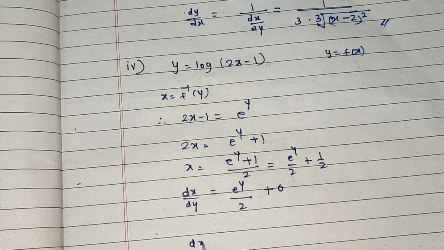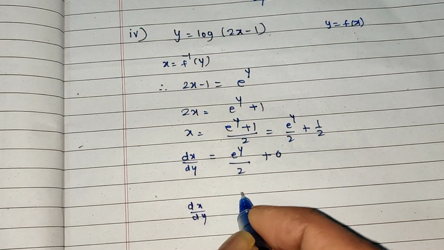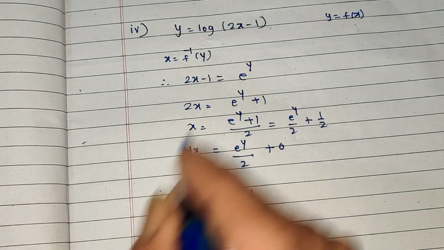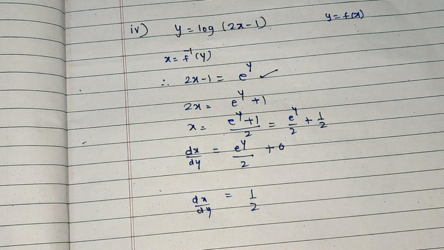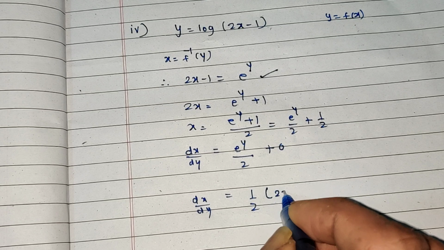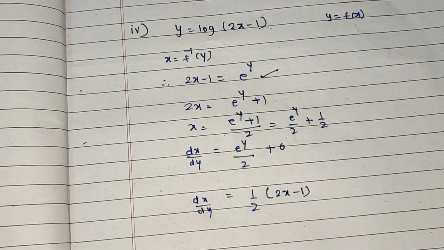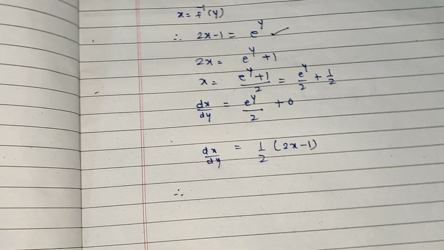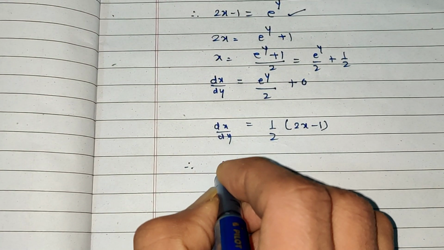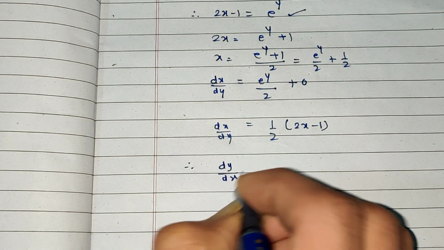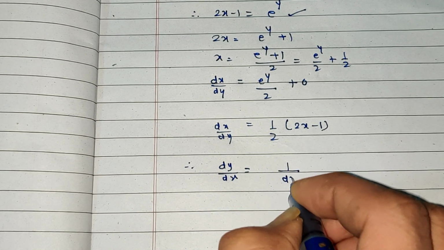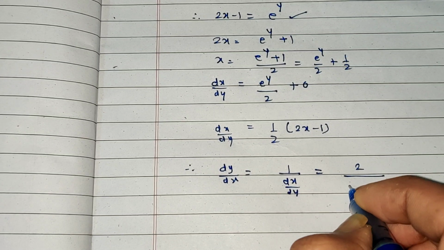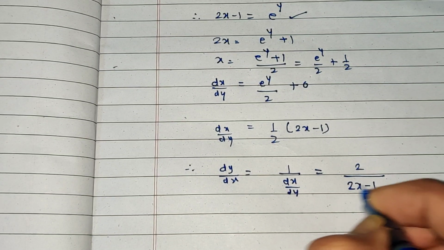Therefore dx by dy is equal to 1 by 2 e raised to power y. e raised to power y is this, which is 2x minus 1. Therefore required derivative dy by dx is equal to 1 upon dx by dy, which is 2 upon 2x minus 1.